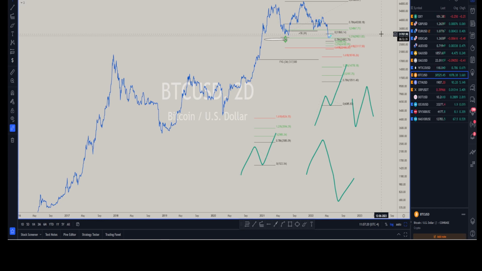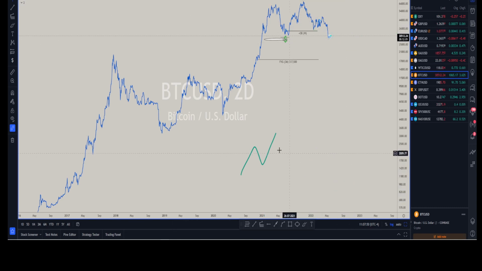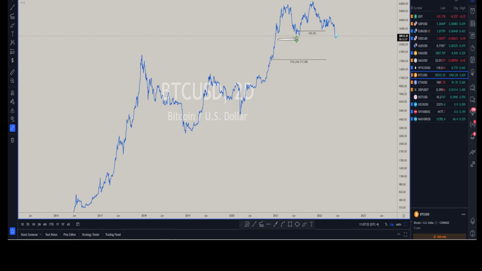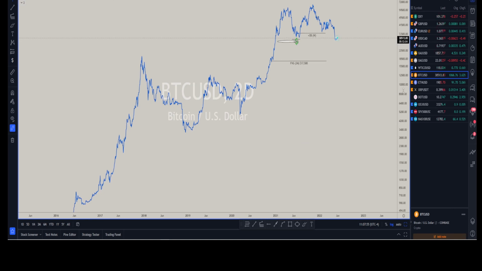When I see a candle like this that grabs liquidity and gets violated, this is most likely a price change in behavior.